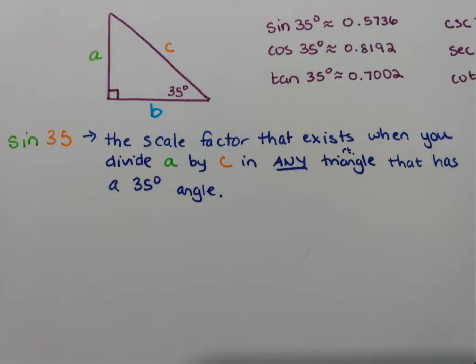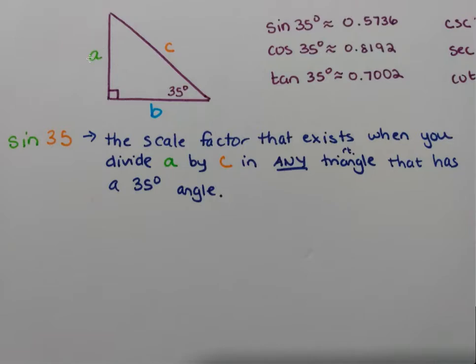Well, remember, we did this in the scale factor review. The sine of 35 is just the scale factor that exists when I divide the A side by the C side in any right triangle that has a 35-degree angle. That's what it does. We looked at that there are 6 different ways we could divide these 3 sides to find the scale factors.